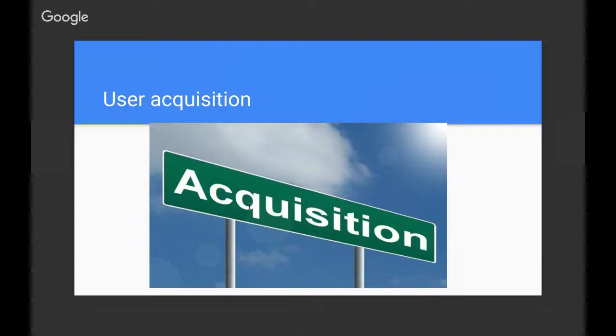This is the starting point of a new user acquisition strategy. So the point is that you need a message, and more important, the message has to target a specific audience.